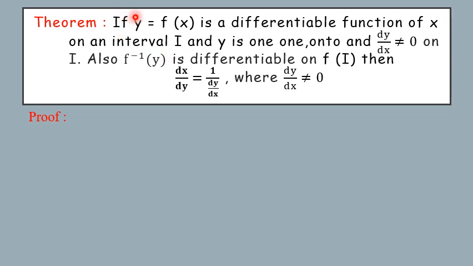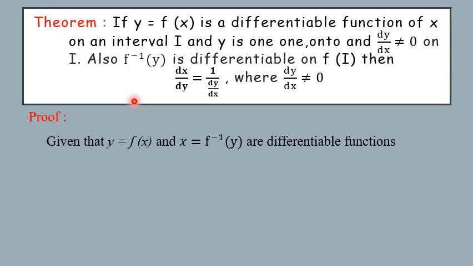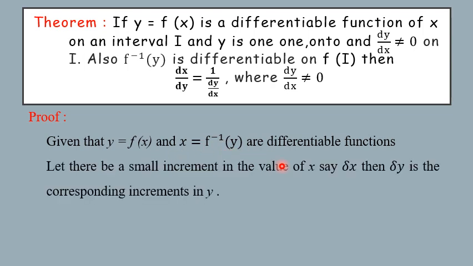Okay, and the proof of this theorem is: given that y is equal to f of x, that means x is equal to f inverse of y. Both these two functions are differentiable functions. So let there be a small increment in the value of x, say delta x, and as y is a function of x, delta y is the corresponding increment in y.